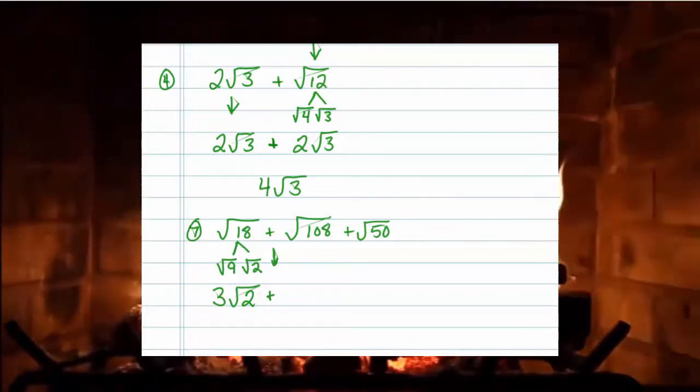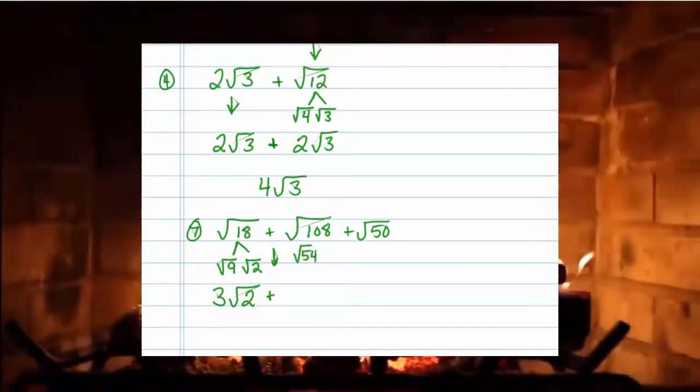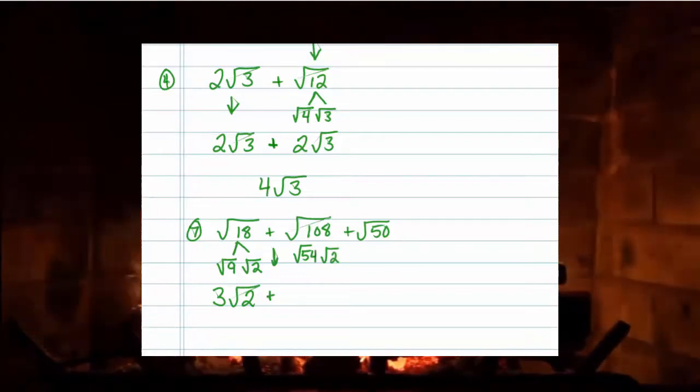Square root of 108. Well, the square root of 108 simplifies down to square root of 54 times the square root of 2.